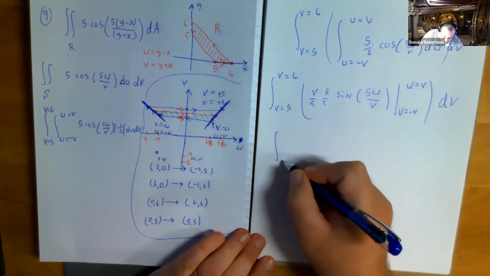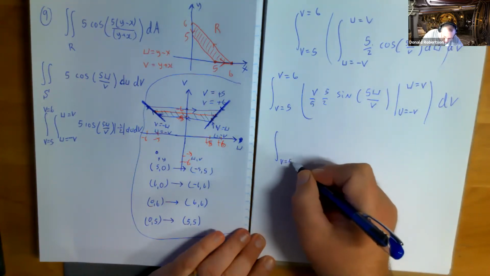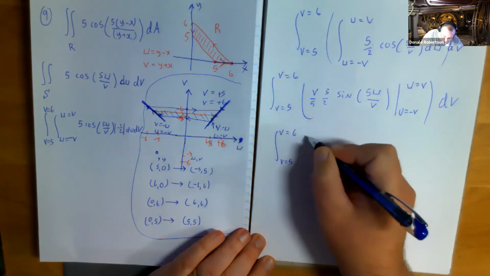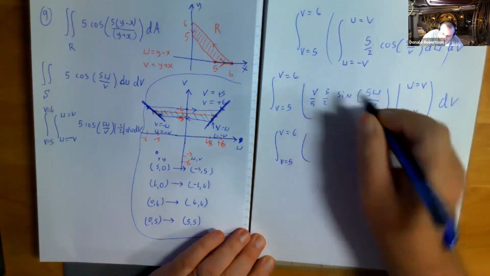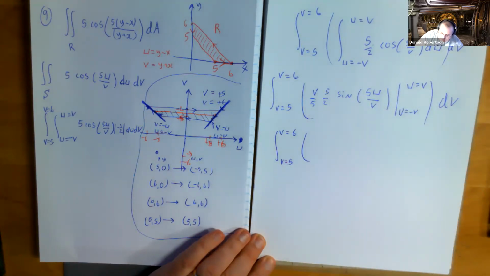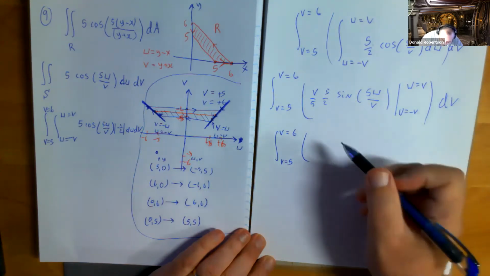So it's going to be the integral from v equals 5 to v equals 6. You cancel those two out and you get essentially a half with a v in it.